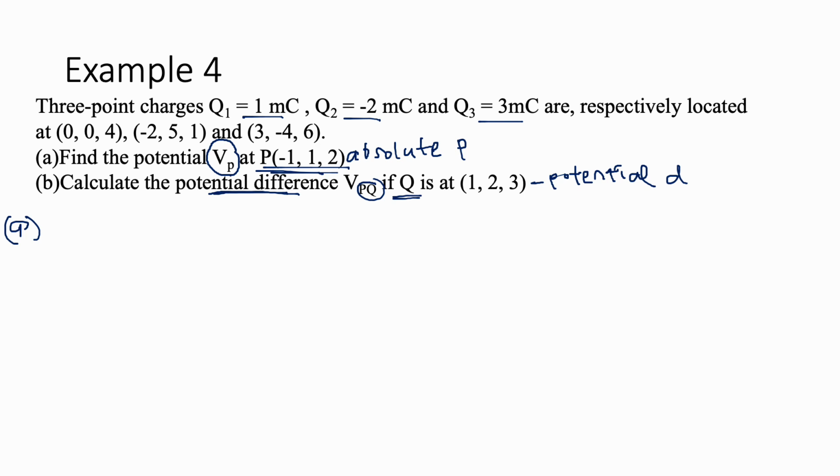There are 3 point charges. Q1 is given as 1 millicoulomb, at position (0, 0, 4).